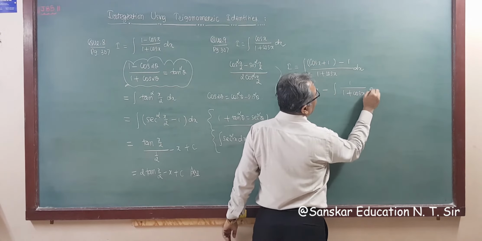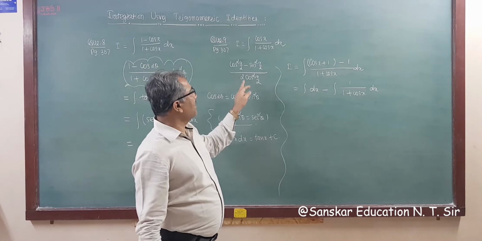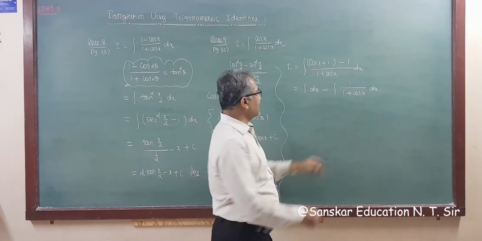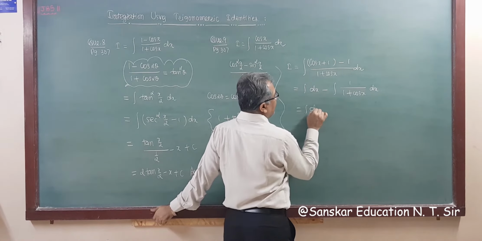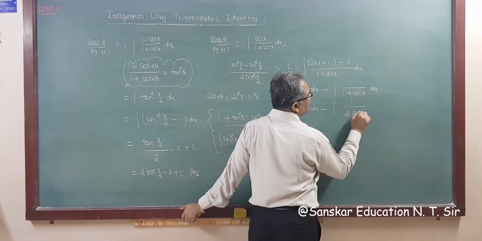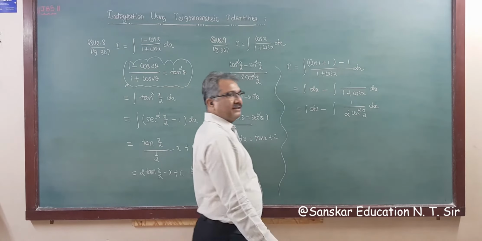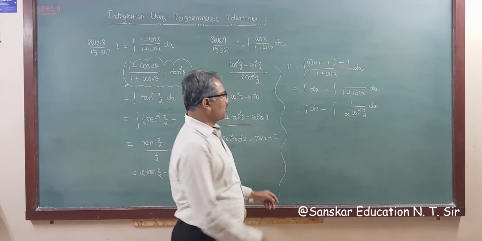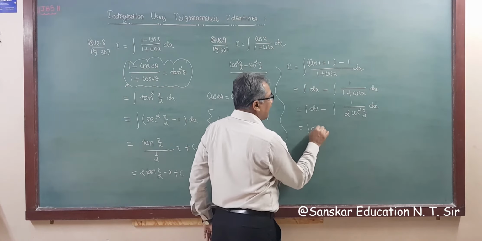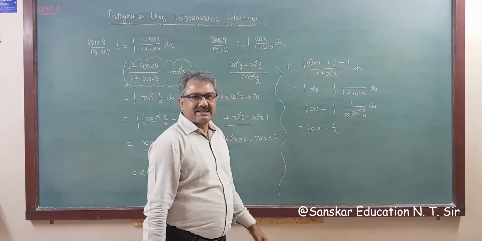Now as we wrote here, 1 plus cos theta is 2 cos square x by 2. So this is integration dx minus integration 1 upon 2 cos square x by 2 dx. Here 1 upon 2 is a constant, so it stays as it is.